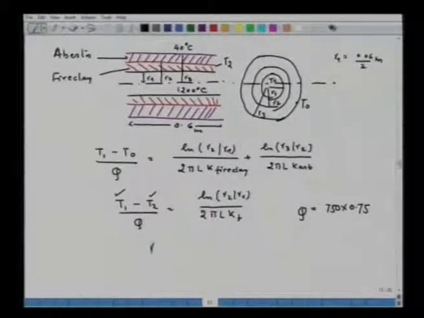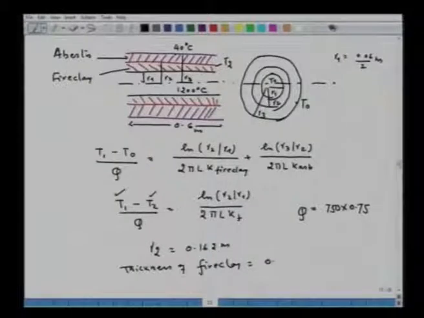So we will be getting R2 equal to 0.162 meter, and hence the thickness of fire clay will be equal to 0.132 meter, because the R2 value is from here to here, so we have to subtract the value of R1. Now since the value of R2 is known to us, we can use this particular expression.